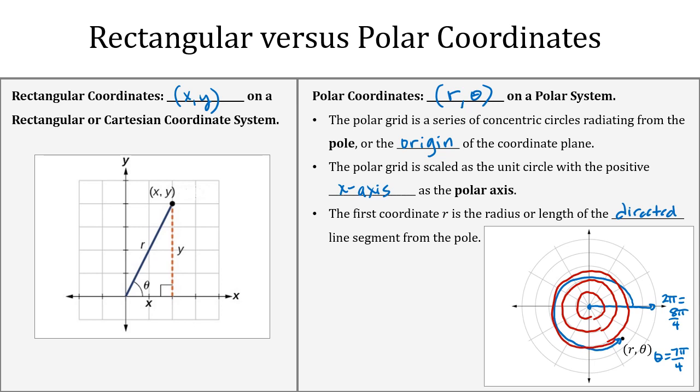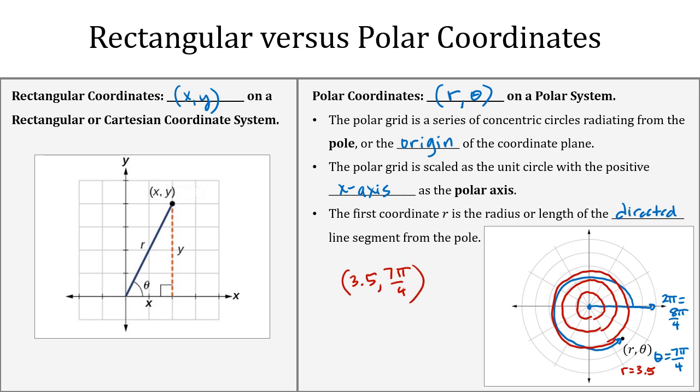So it looks to me like the r is somewhere in between a radius of 3 and 4. So I might let the r value be around 3.5. So I could estimate that this polar coordinate in the fourth quadrant is the polar coordinate 3.5 as a radius with a theta of 7 pi over 4.